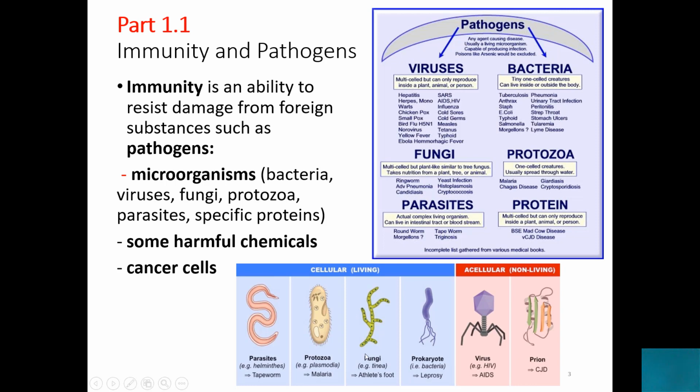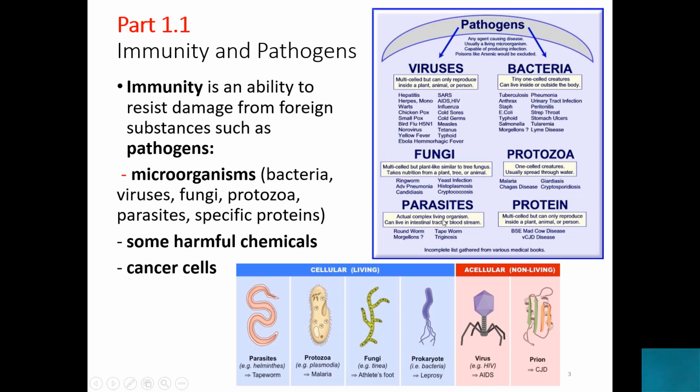Here they are. They are plant-like creatures made of several cells usually, and they also can cause diseases like ringworms or yeast infection. Protozoa are right here, also one-celled organisms. They can cause malaria, for example.